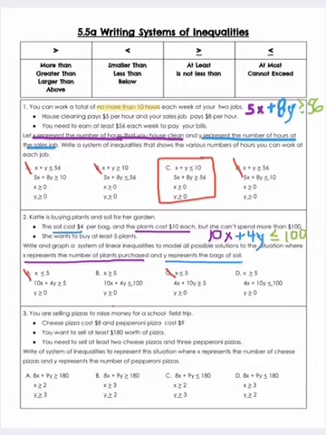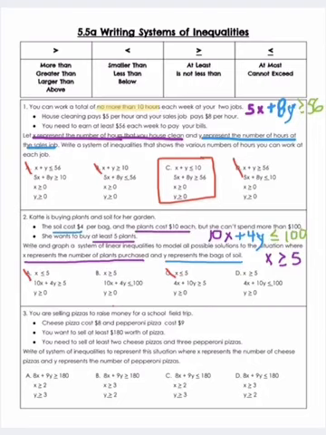So for the second clue that we're given, we're talking about plants. So plants are x. She wants to buy at least 5 plants, which means she can buy more than 5 plants. So our x can be greater than or equal to 5.